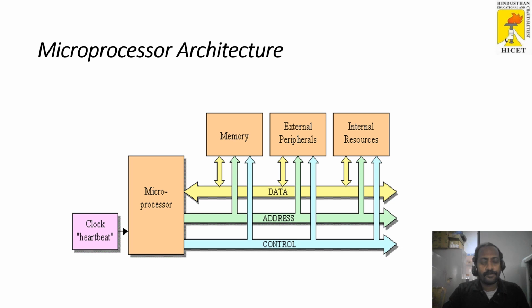Next we move on to microprocessor architecture, in which we are going to discuss the first microprocessor, which is 8085. The microprocessor is a single IC package in which several useful functions are integrated and fabricated on a single silicon semiconductor chip.